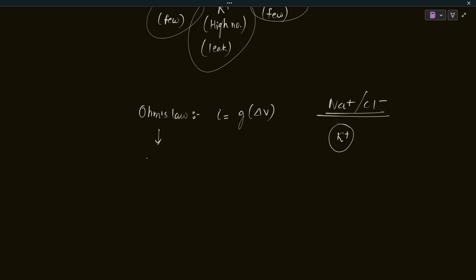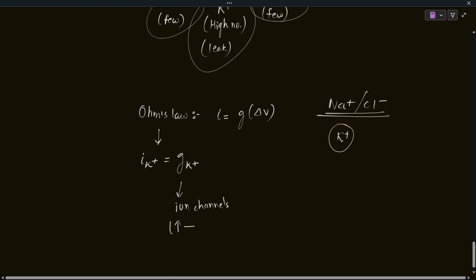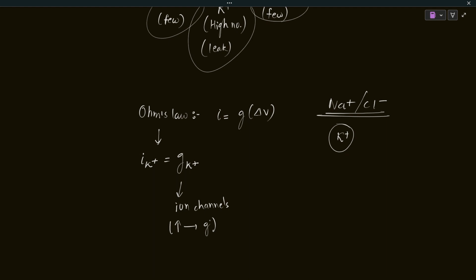So Ohm's law says that the potassium ion current is equal to the membrane conductance for potassium ions, and we know that this is governed by ion channels. The more ion channels there are, the greater the conductance. So the number of ion channels is directly proportional to the conductive property of the membrane.